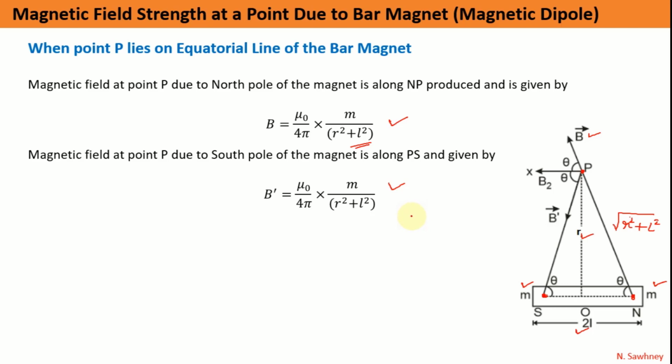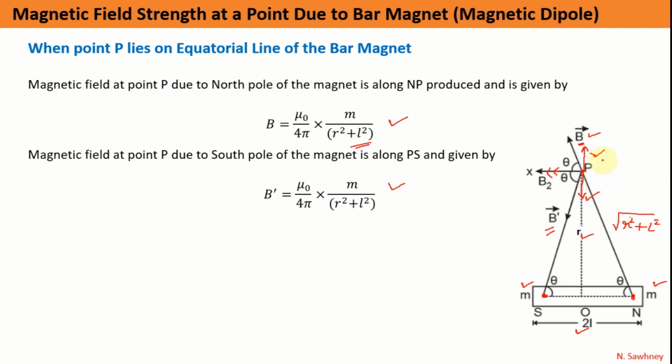Let us resolve them into components. This will be the component due to B dash, that is the sine component, and its cos component will be along Px. Now let us resolve the magnetic field obtained due to north pole of the magnet in two components. This will be the sine theta component and this will be the cos component.